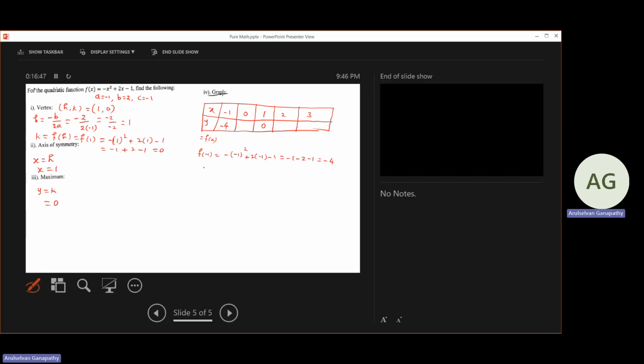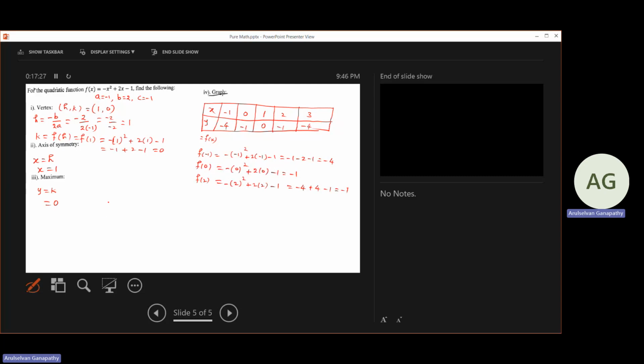Let us check. F of 0 will be minus 0 square plus 2 times 0 minus 1. So what we get? Minus 1. If we put 2, what you get? F of 2 is minus 2 square plus 2 times 2 minus 1. So minus 4 plus 4 minus 1. This will be minus 1. It will be same as this. So for 3, you will get same, minus 4.